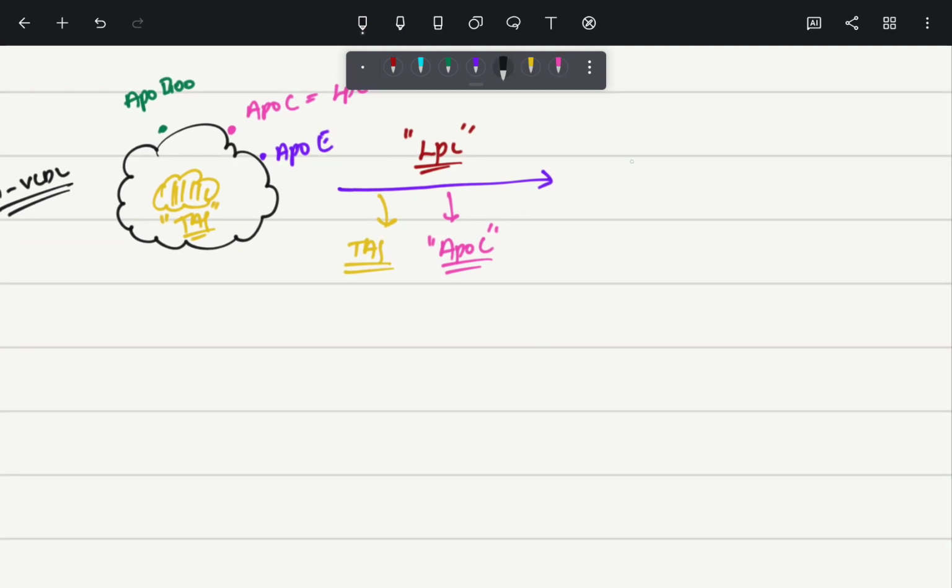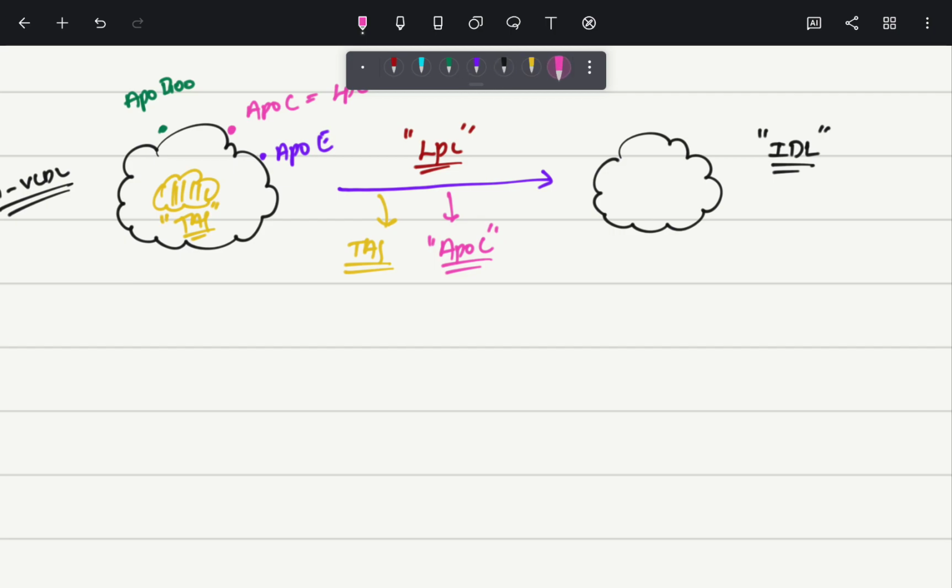The newly formed compound is called intermediate density lipoprotein. So VLDL is going to get converted into IDL, intermediate density lipoprotein.